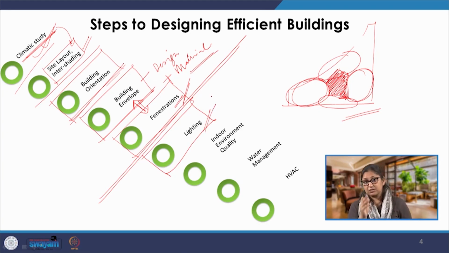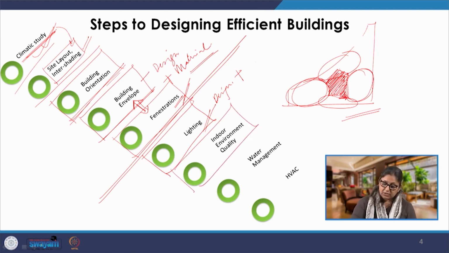Now, it has two parts, one again design, how do you design this thing, plus you also have the equipment. So, we have the luminary that we use. We may be using LED or whatever type of luminary that we use. Then we go on to monitor the indoor environment quality, which has different factors, different components to it.